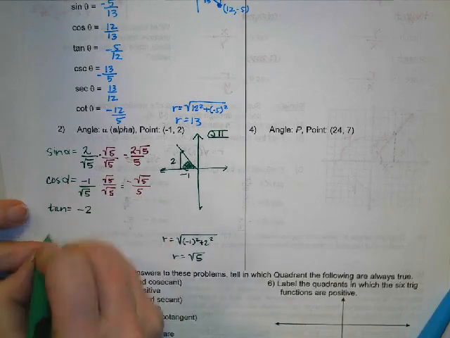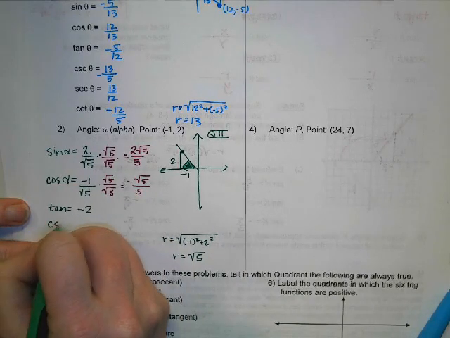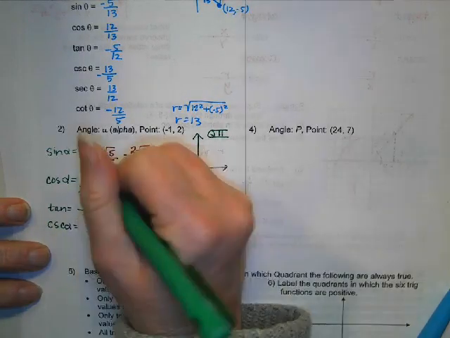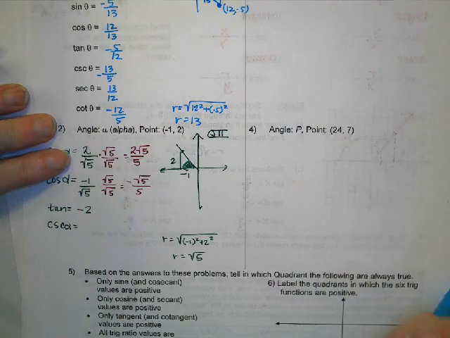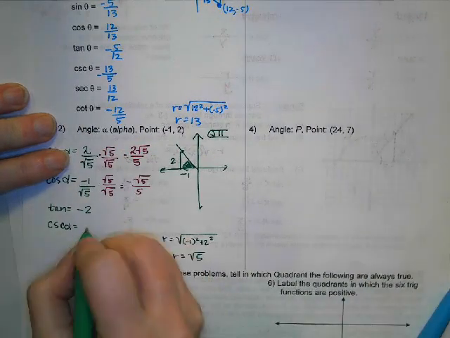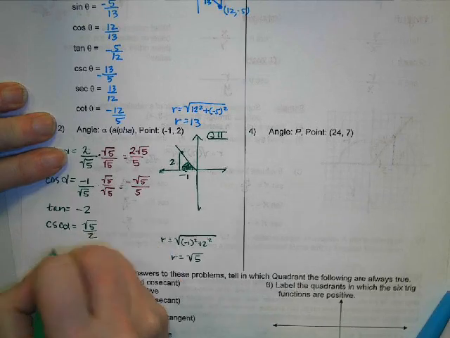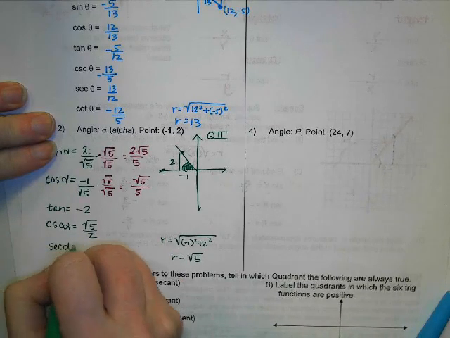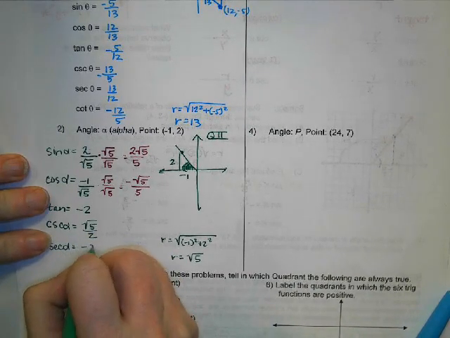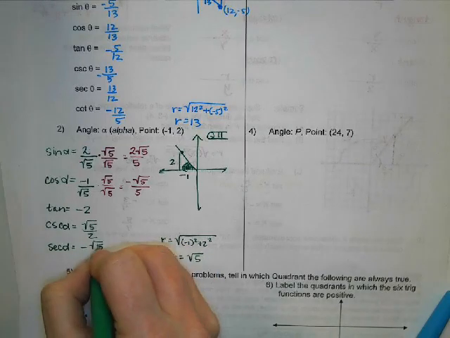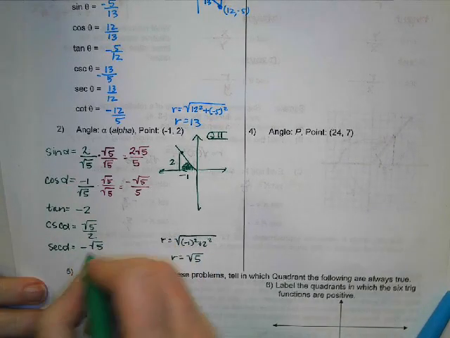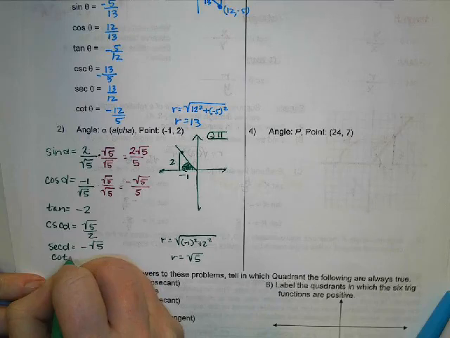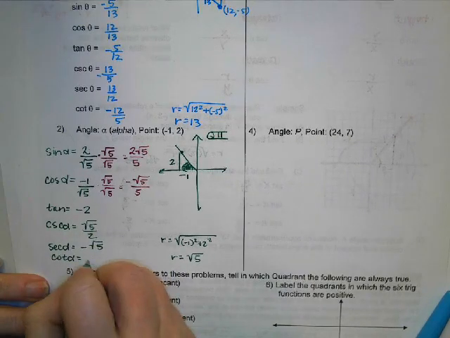Then I just flip these over for the others. So cosecant of alpha, take the original and flip it over because you won't have to rationalize that. It'll be square root 5 over 2. Secant is cosine flipped over, so it's going to be negative square root 5 over 1. I don't have to keep the 1. And cotangent is tangent flipped over, and negative 2 flipped over is negative 1/2.